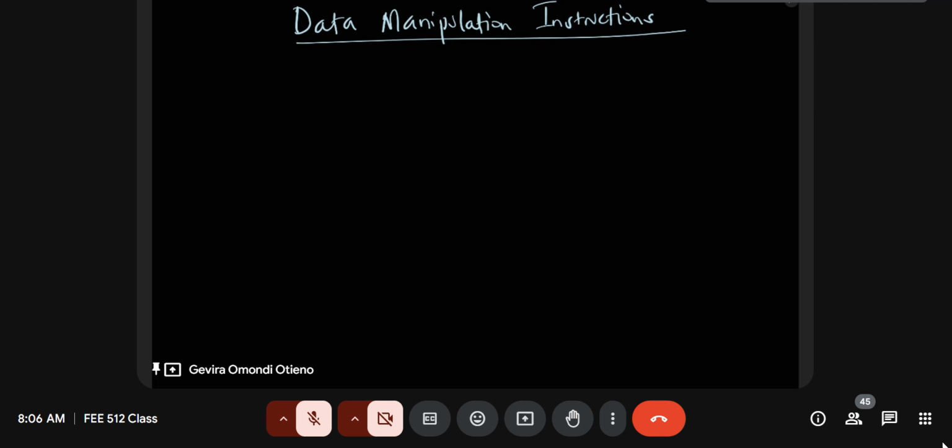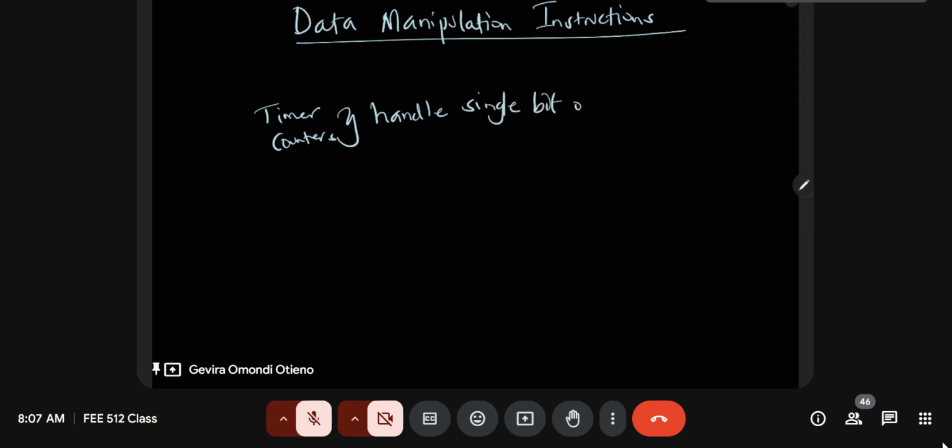Now, if you have noticed, when we mentioned timers and when we talked about counters as well, something was very clear about these two types of instructions. These are internal instructions. And the key thing is that these instructions can only handle a single bit of data.